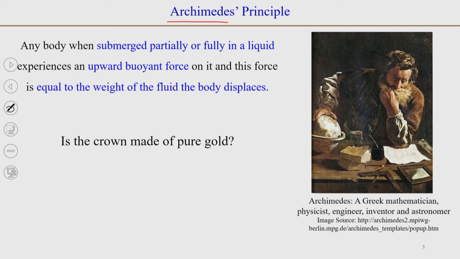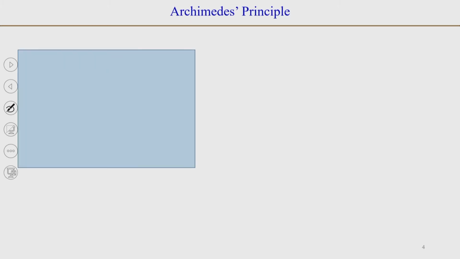Okay. So, now having known the principle of hydrostatics, we will try to derive Archimedes principle from what we have studied, and we will do it by two different methods here. Okay. So, let us say that in a fluid or in a liquid, consider the blue colored rectangle as liquid, and in this a body is submerged.